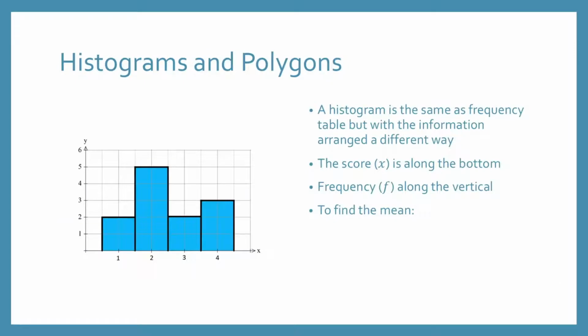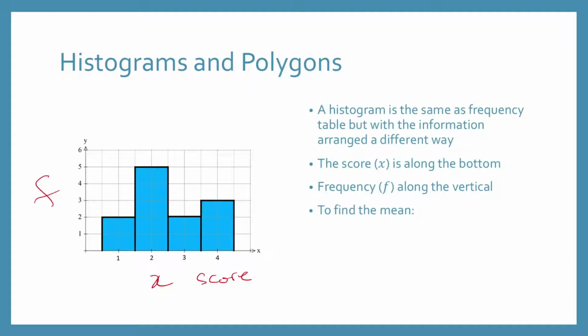Now, histograms and polygons. Histograms are exactly the same as frequency tables. However, the only difference is that instead of having columns, you have an x and a y-axis. The score was represented by x, so the score is always going to be on the x-axis. That means frequency is going to be on the y-axis.